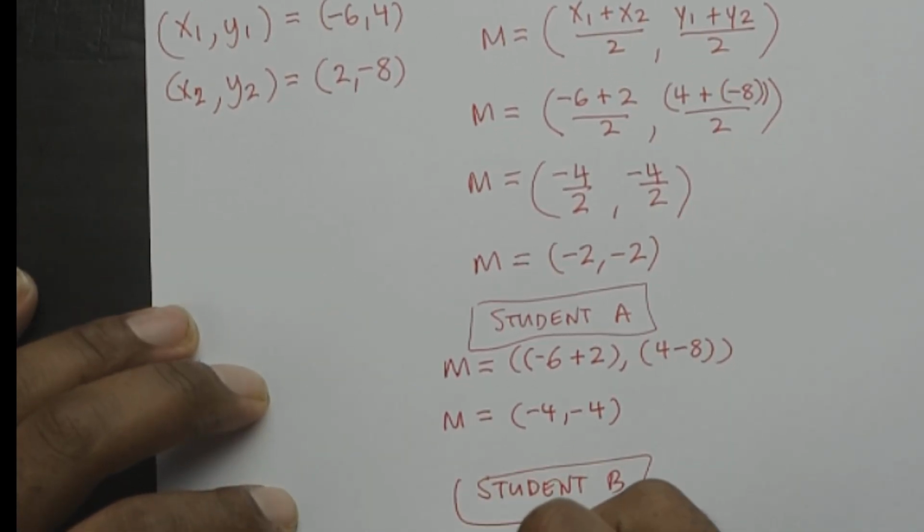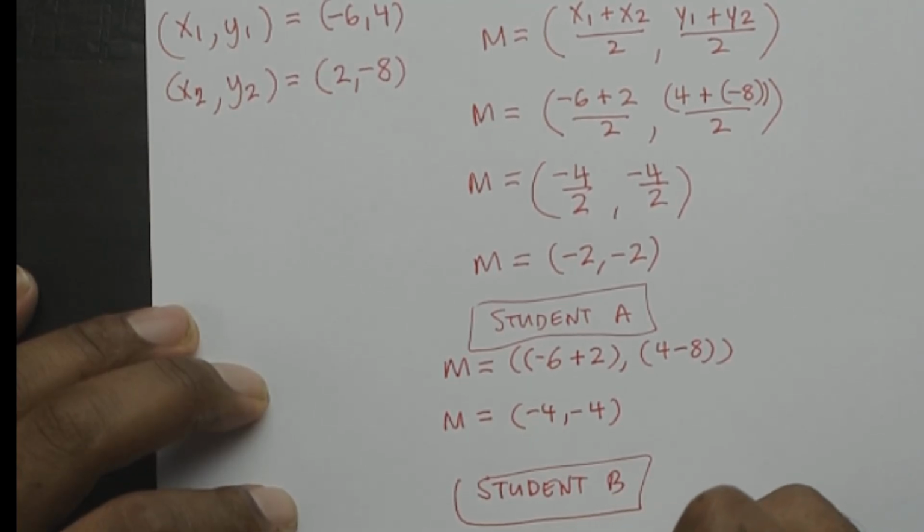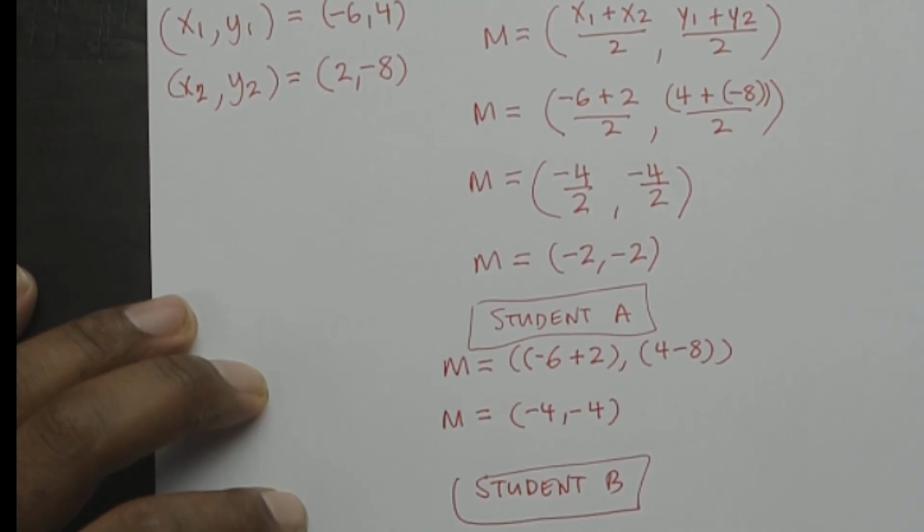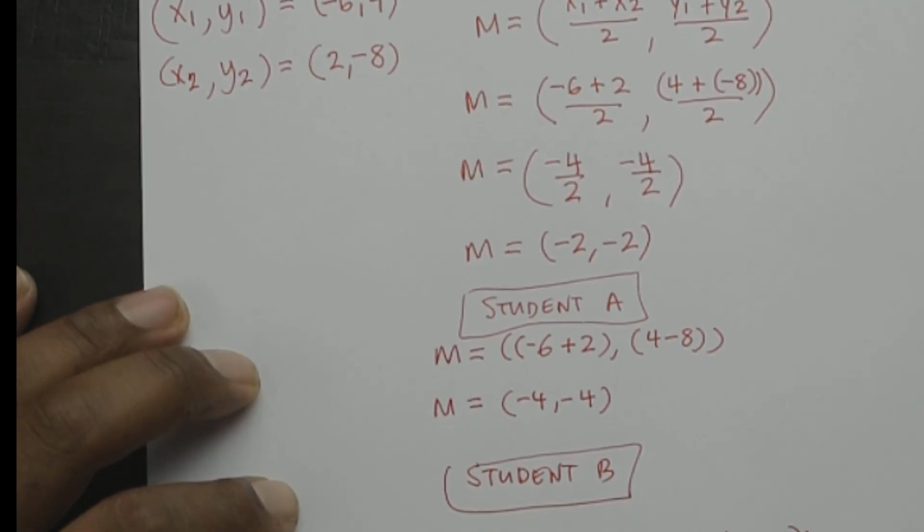Student B said m equals -6 plus 2 divided by 2 and 4 minus 8 divided by 2. In doing so, the result will give you the proper value.